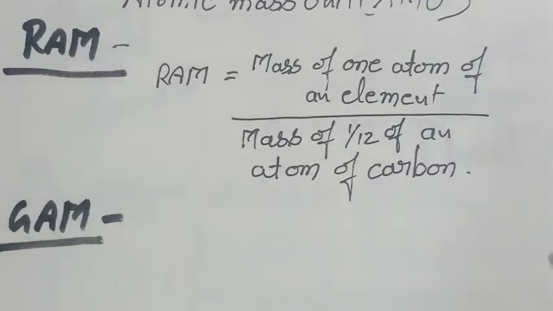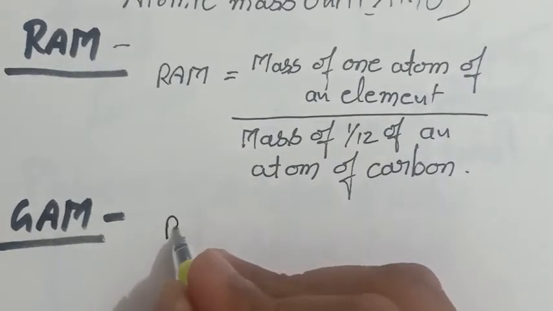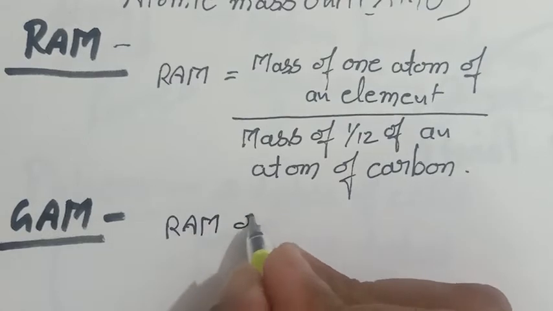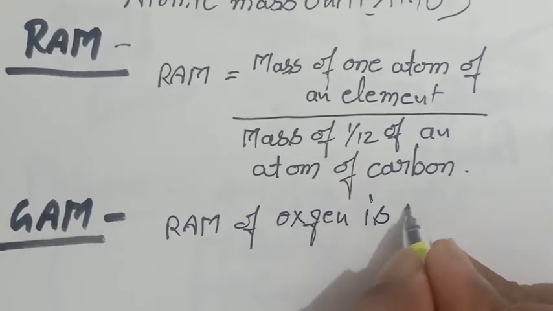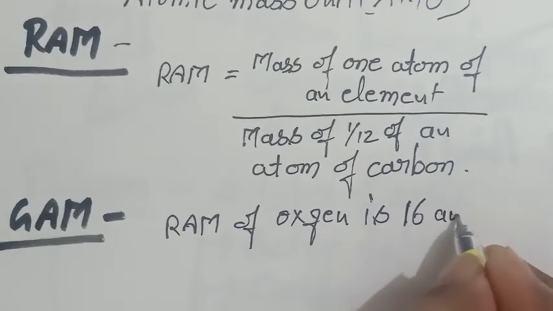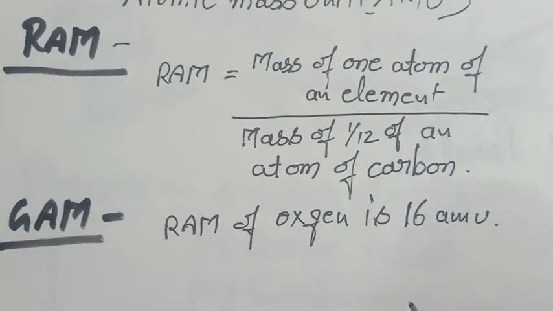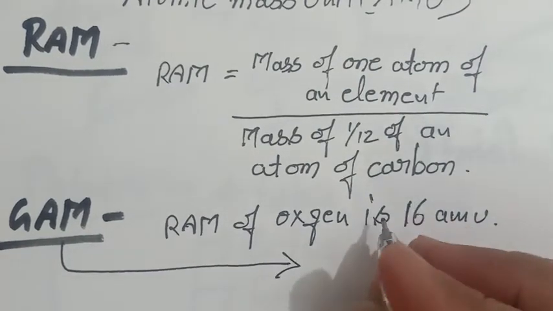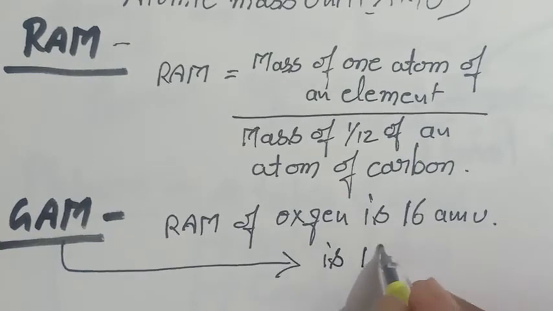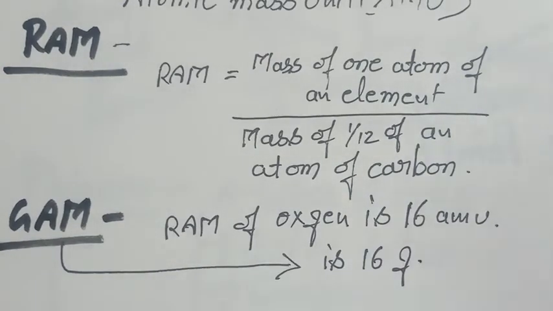For example, the relative atomic mass of oxygen is 16 AMU, so the gram atomic mass of oxygen is 16 grams. Ultimately, the relative atomic mass of an element expressed in grams is called gram atomic mass.